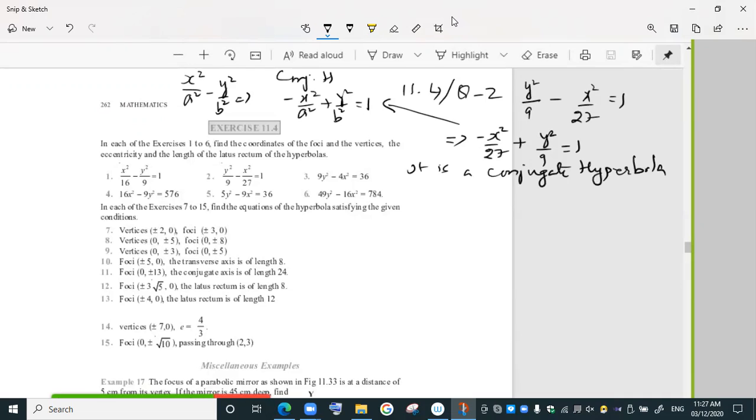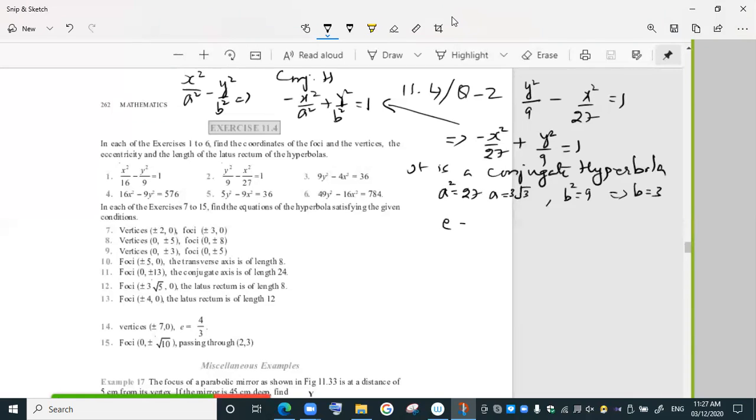Now a square is equal to 27. Therefore, a is equal to under root 27, 9 3s are 27, 3 root 3. And similarly, b square is equal to 9 and b is equal to 3.